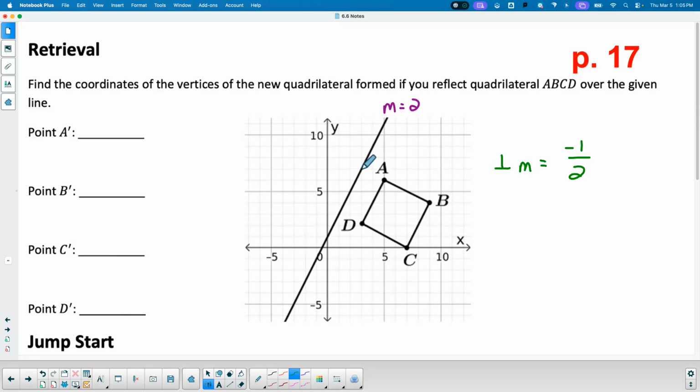So then I go one more up 1 and left 2, and this would be the new coordinates for A prime. What would the coordinates of A prime be? 1, 8. Yep, 1, 8.